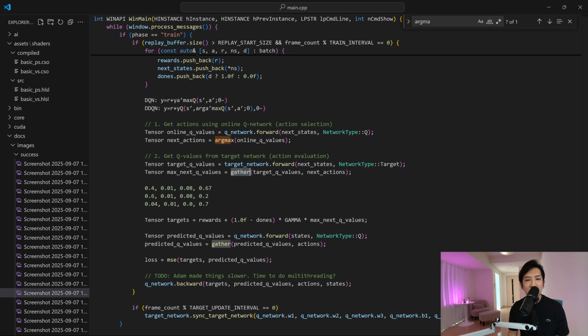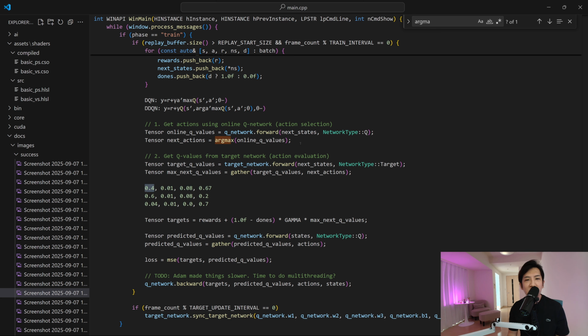So in this line, I just choose the value assigned to this next actions. So maybe for the first row, it would be 0, so I choose 0.4.